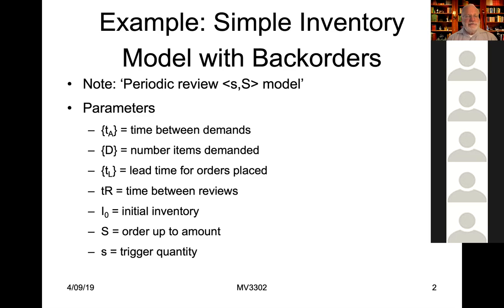The final parameters would be the initial inventory, I sub 0, and then basically the two decision variables, which would be the big S, how much we're going to order up to, and the little s, which is the trigger quantity. In a sense, the third possible decision variable would be the time between reviews. That is, you could choose to review the inventory at a more rapid or less rapid pace. All of the other parameters are actually kind of outside of your control.